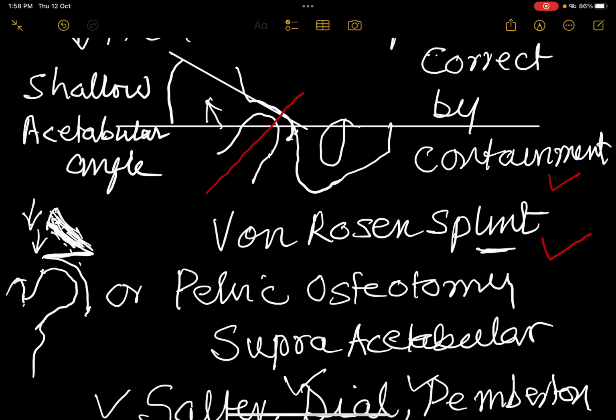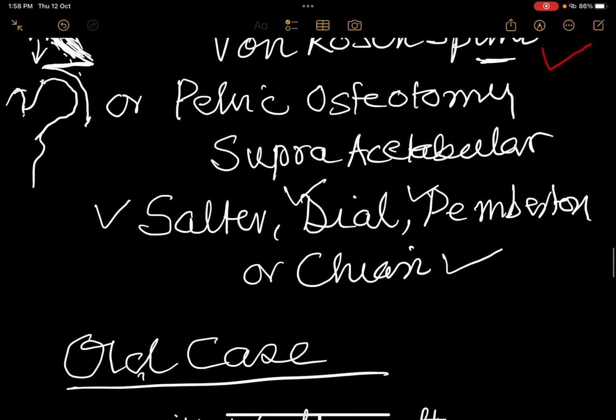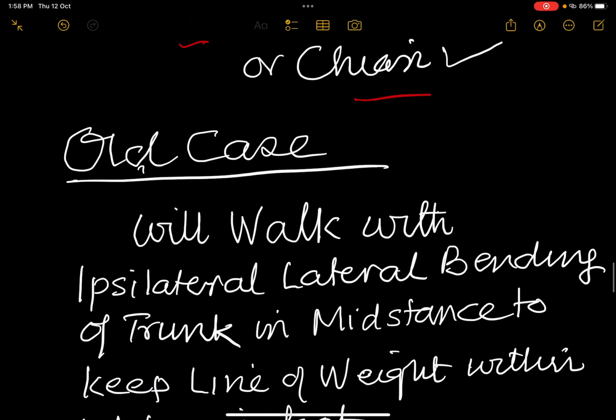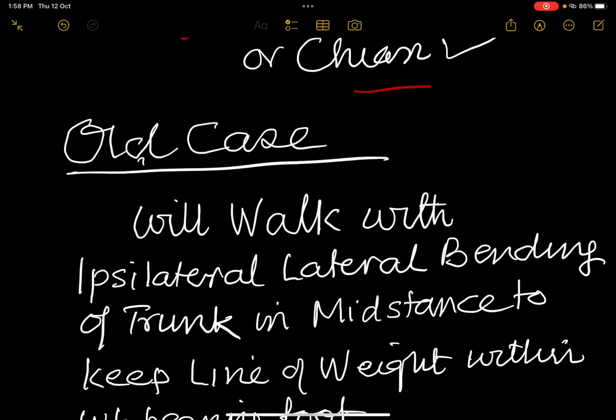So pelvic osteotomy, supraacetabular, to restore the acetabular angle, is of 4 types: Salter, Dial, Pemberton and Chiari. Those who want a distinction should know about them.